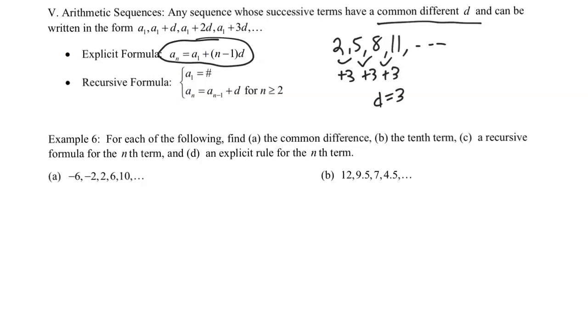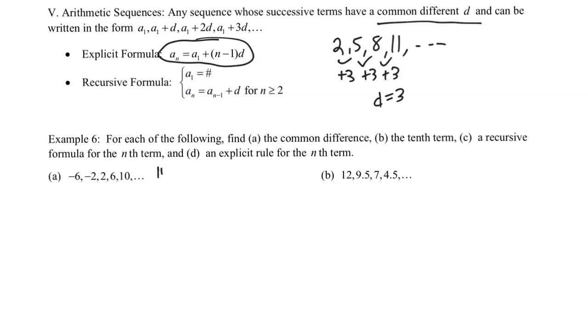So example 6: for each of the following, find the common difference, the 10th term, a recursive formula, and the explicit rule for the nth term. Looking at this particular sequence, -6, -2, 2, 6, 10, if it's not obvious what the difference is, you can take any term and subtract the previous term.